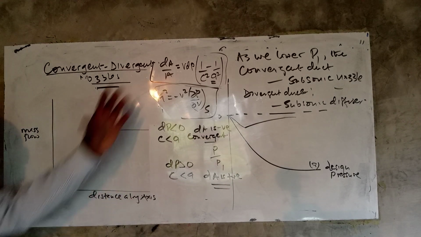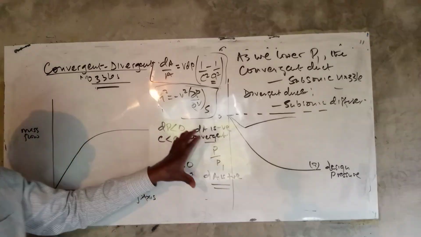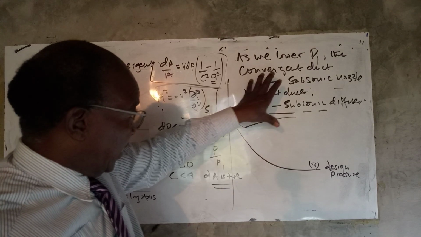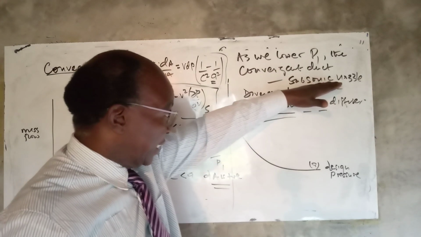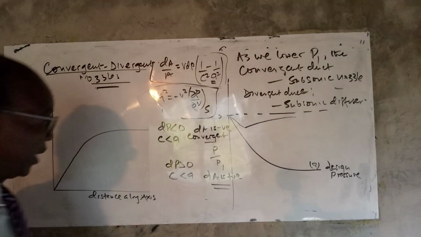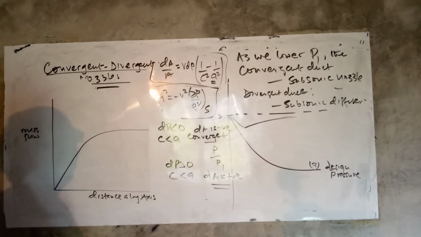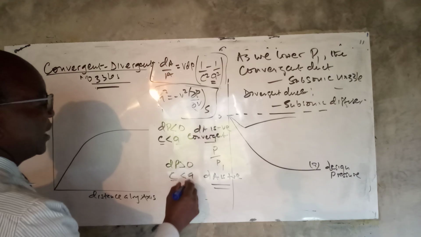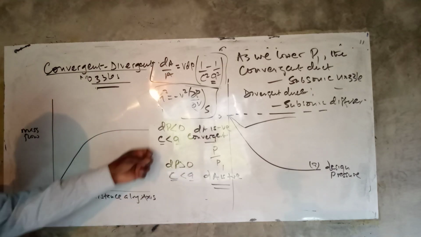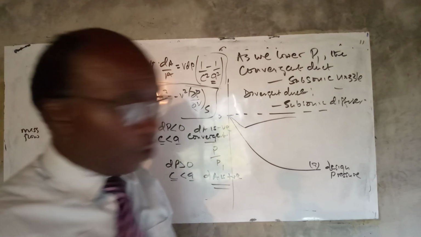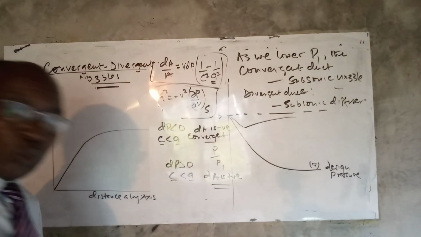And so when you have this in mind, that is what you transpose to interpret what we have talked about here, that the convergent duct acts as a subsonic nozzle and the divergent duct as a subsonic diffuser. So when you're talking about that, it means that this velocity is less than A, that is, the actual fluid velocity is less than that of sound. We had related that to sound.